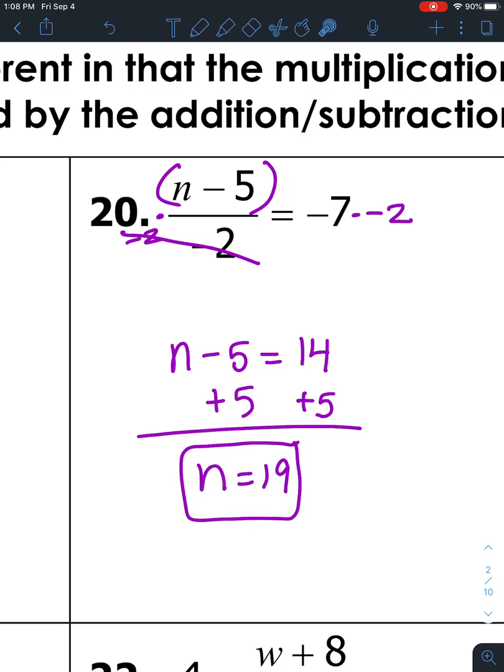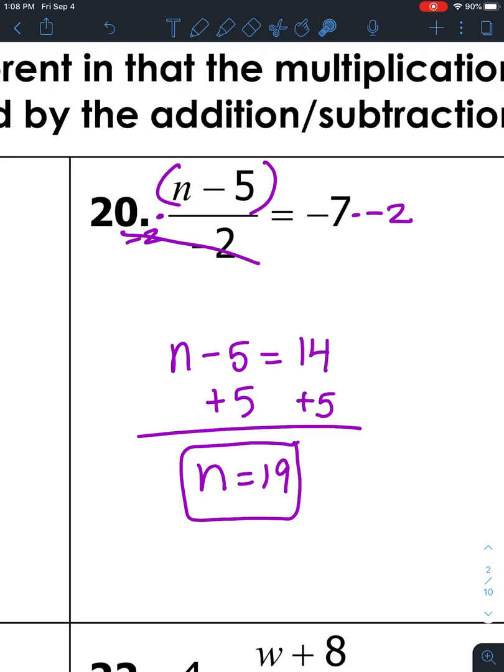Now something I want to point out. Do you see how I'm showing you each step and then my answer? I want this each time. If you're able to do this in your head, phenomenal. 1 step's probably. 2 steps, maybe. Multi-steps, forget it. You're not going to be able to do those in your head. So I really want you to show all of your work so that if you do get something wrong, we can go back and fix it and say, hey, just a silly error.